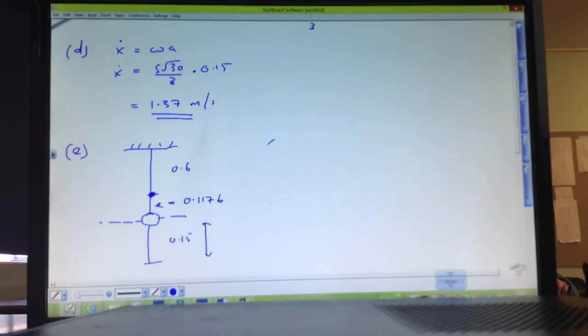What does x equal? Well, it doesn't matter. Why does it matter? Doesn't it matter? Let's look at what the speed equation is. Squaring it, x dot squared is equal to omega squared brackets a squared minus x squared. Now, because we're squaring it, you are right. It doesn't matter. But usually just be careful about what's going on here.